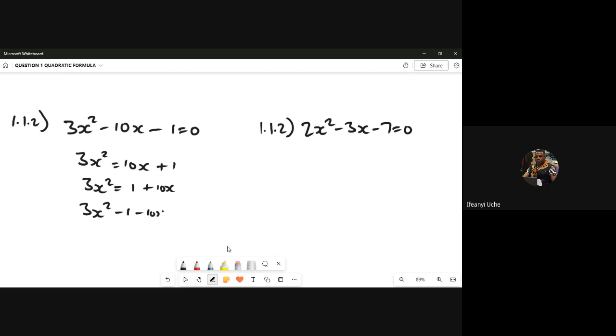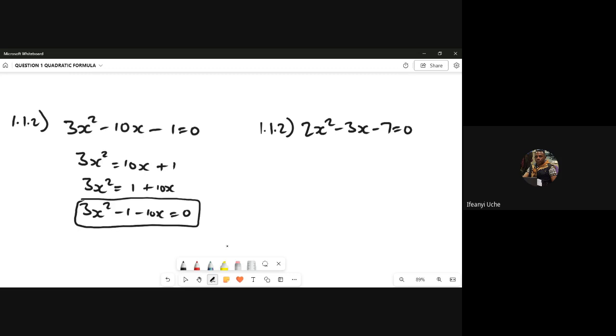They'll write it this way, equals to 0, and then substitute. Please, this is wrong. The constant number must be last, and the 3x squared and then 10x should be in that order according to the order of degree.